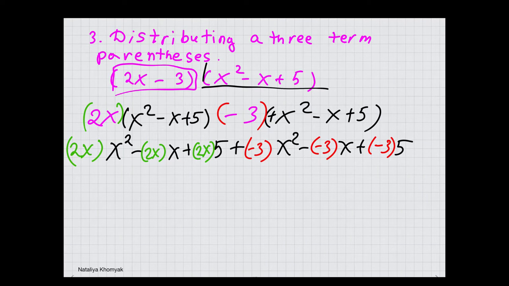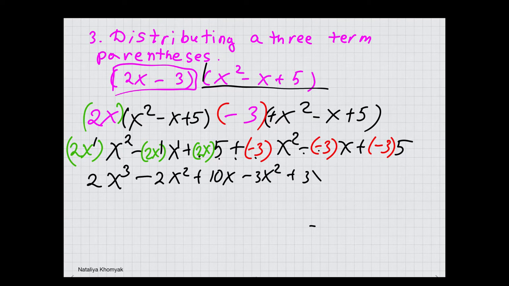So we have 2x to the 1 plus 2, 3. We have -2, 1 plus 1, x to the second, 2 times 5 plus 10x, positive times negative, -3, x to the second, negative times negative plus 3x, positive times negative, -15.